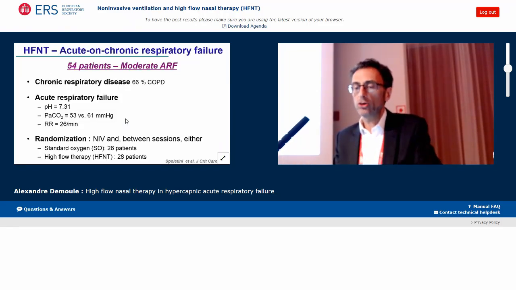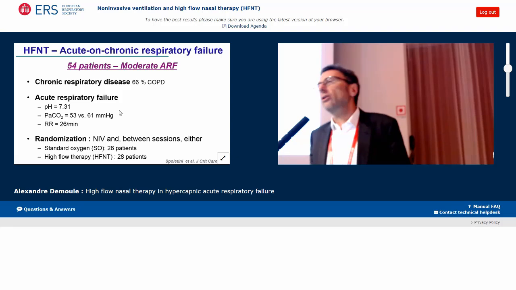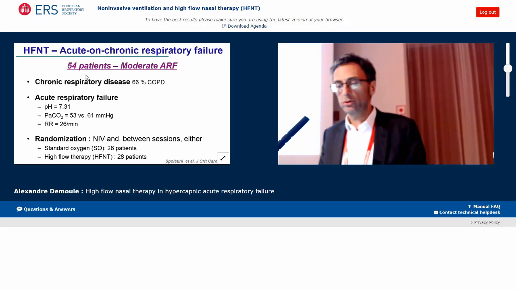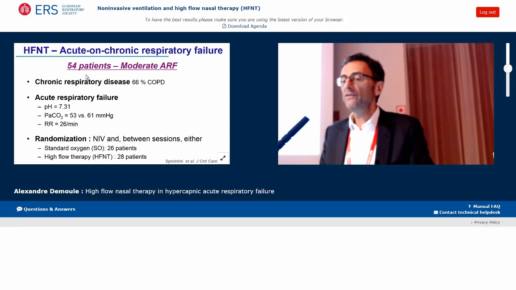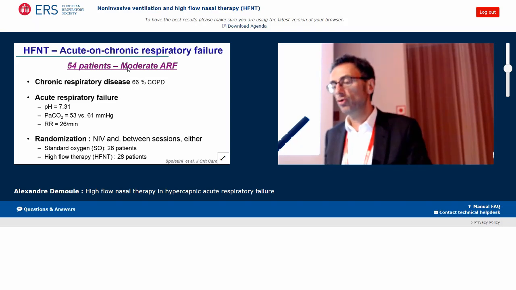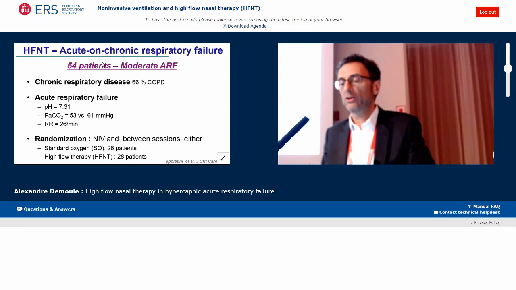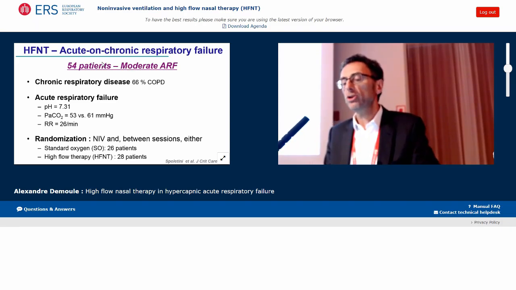So in acute on chronic respiratory failure, there are a couple of small-sized studies, but I have chosen to show this one, with 54 patients with moderate acute respiratory failure. They say moderate, but it's definitely acute and chronic respiratory failure. The patients had chronic respiratory disease, mostly COPD. And they had acute hypercapnic respiratory failure with a marked acidosis, pH 7.31, which is, I think, real acidosis.